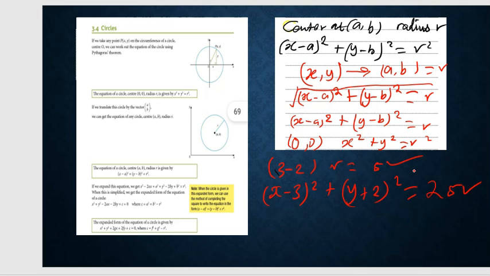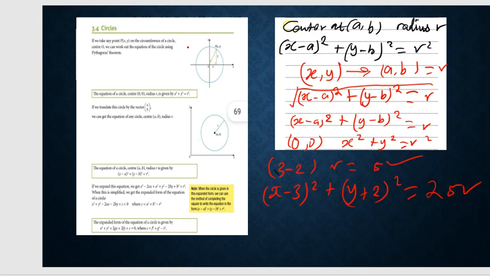We use the equation of the circle to check if a point lies on a circle. We are going to see that in examples. We also use this to find the intersection of a circle with a line, where we can look at solving the system.